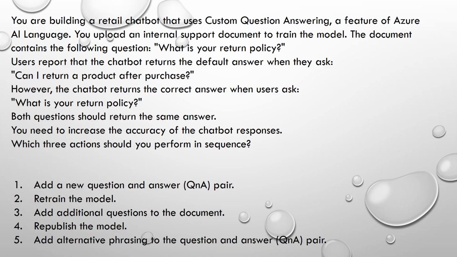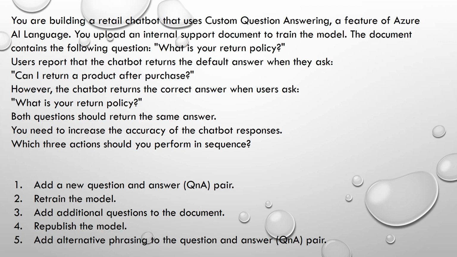First, let us break down the question and figure out what are the keywords. So the question is regarding a custom question answering chatbot. Custom question answering is a service offered by Azure AI Language. And as the name suggests, it is for question answering. The user will ask a question and the model will return the corresponding answer based on its training data.